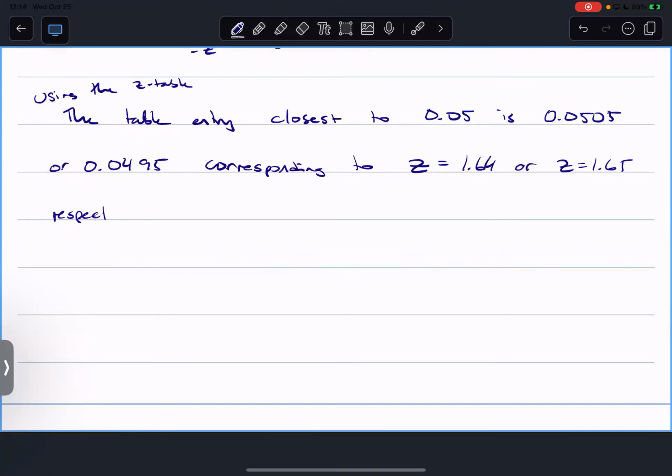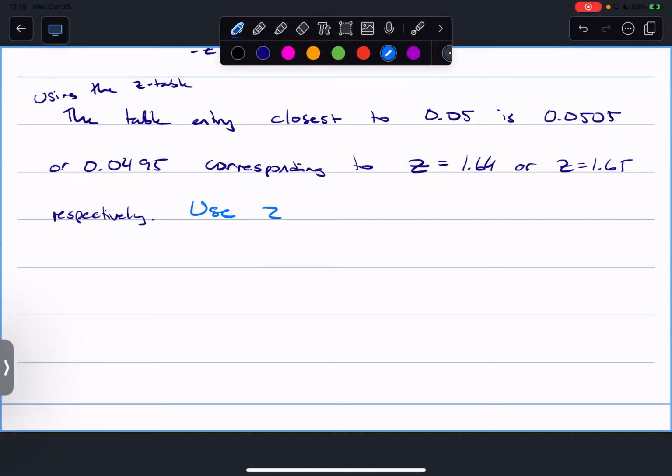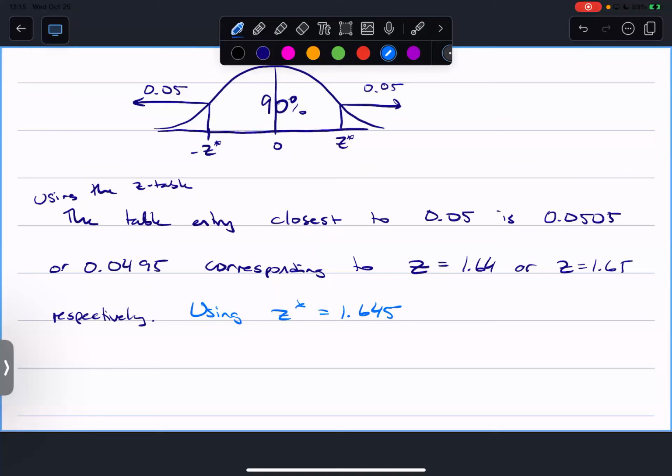That's too much work. I'm going to say I'm using Z star equal to 1.645, halfway between the two. Doesn't really work that way because I've got a slope, but that's fine. Such a small increment.